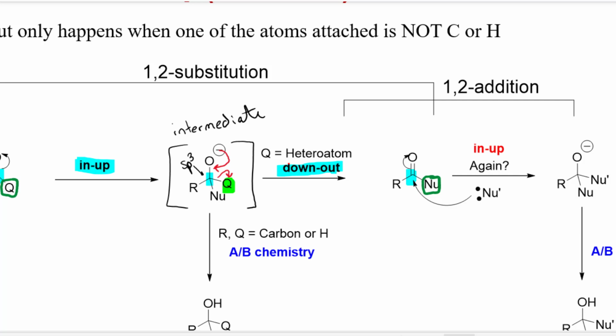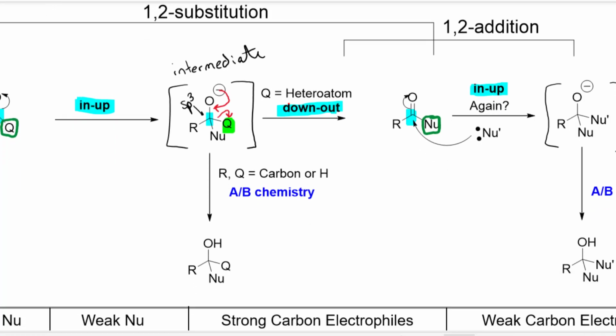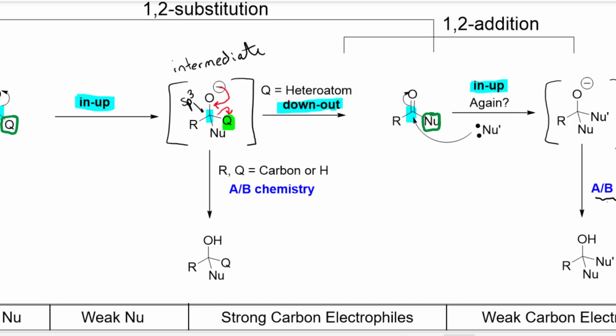So the in-up, down-out reaction. And then you have to judge whether or not this reaction could happen again for another in-up. And you form yet another tetrahedral intermediate. At this point, if everything you have is carbons and hydrogens, well, then you just work it up with some acid-base chemistry and you're done.